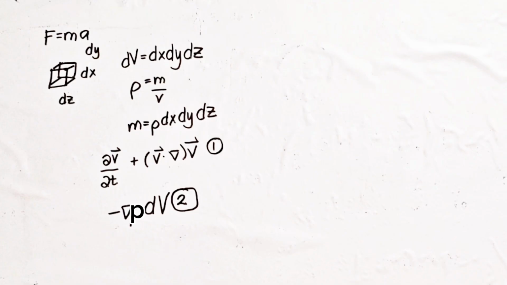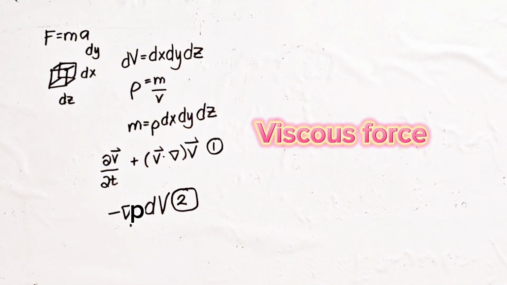However, pressure is not the only force acting on our fluid element. There is also an internal friction within the fluid, which is known as the viscous force. So now, let's solve for the viscous force.